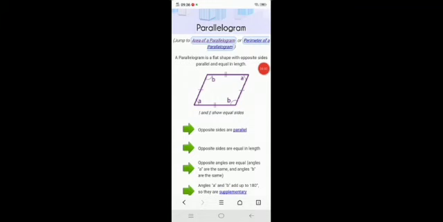So yes, basically this is going to be a parallelogram. If you look at this word parallelogram, it is made up of two words. One is the word parallel and the other word is gram. Parallel means two lines are opposite to one another.